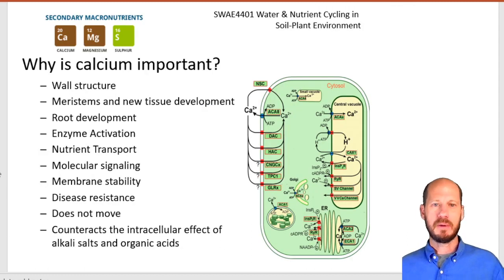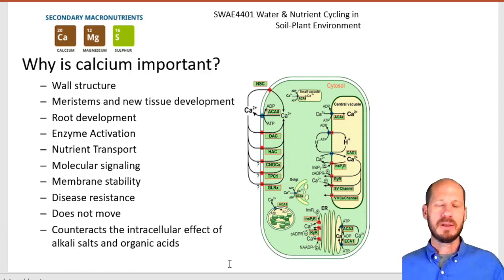So why is calcium important for plants? Calcium is important for wall structure, tissue development, meristems, root development, enzyme activation, nutrient transport, molecular signaling, membrane stability, and disease resistance. It's very stable and not really well transported in plant tissue.